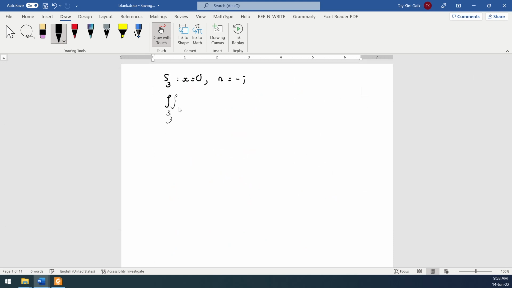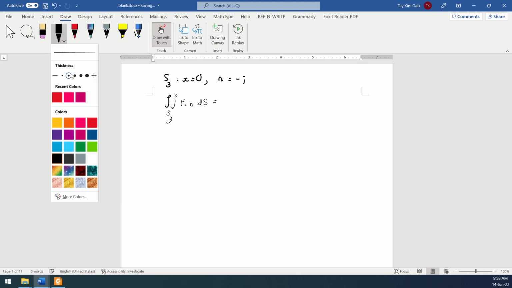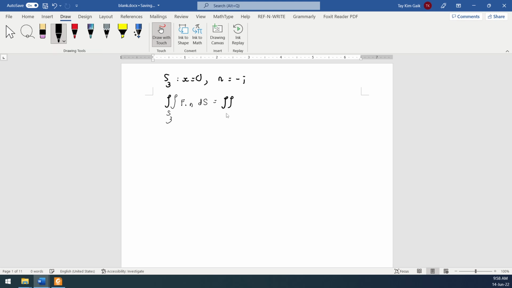So this is the integral over S3 of F dot n dS. Plug in, this becomes R3. Plug in the F, which is 4xz i minus y squared j plus yz k, dot with the unit normal vector, in this case negative i.